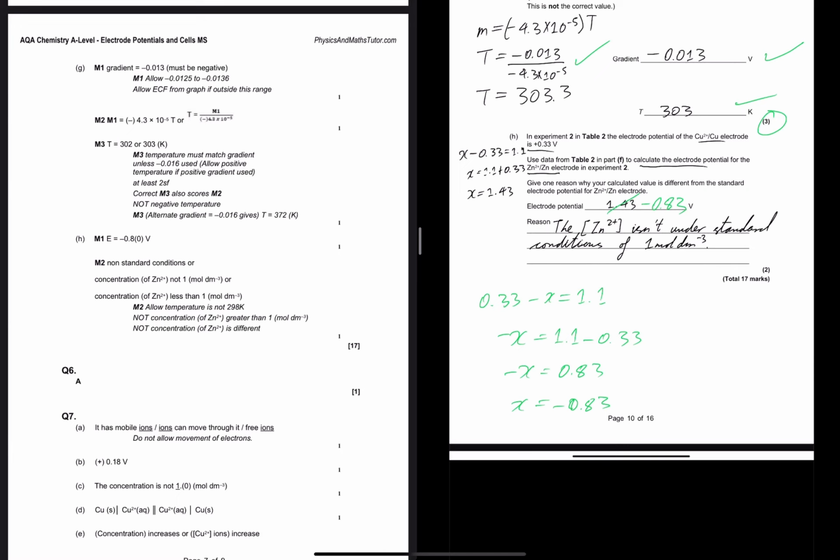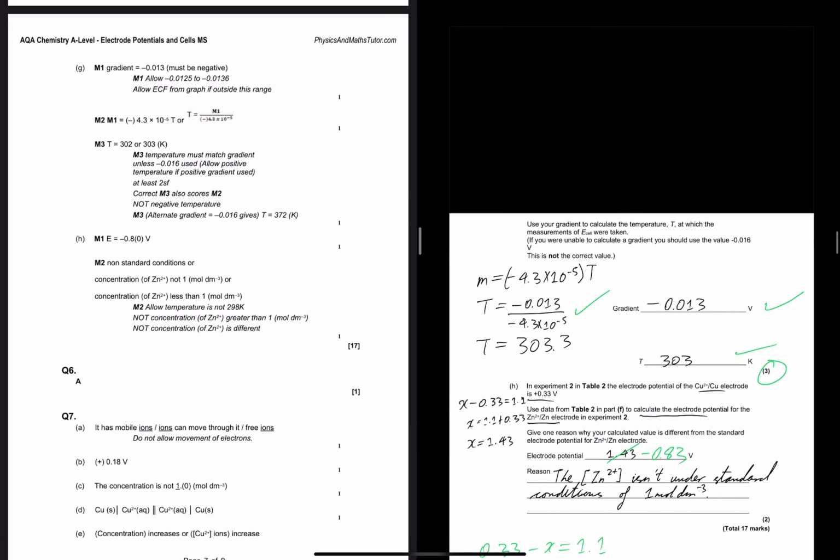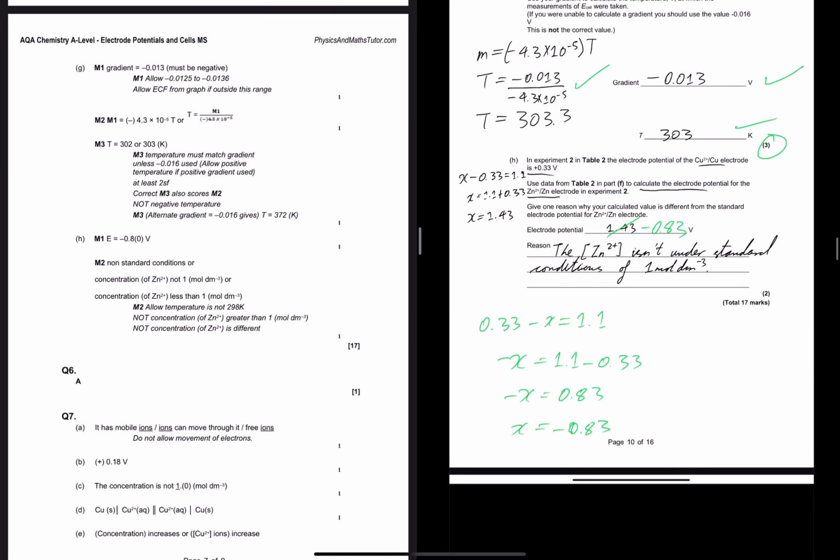Why is it 0.80 though? 0.33. Am I missing something out here? What's the full electrode?